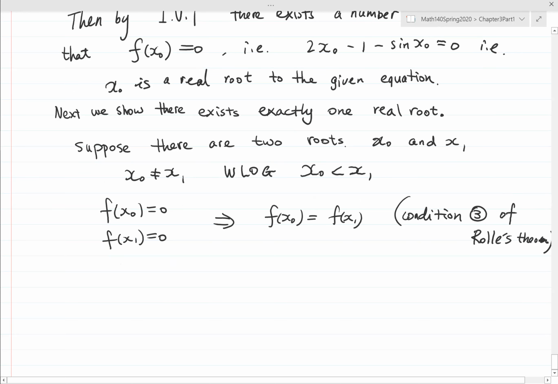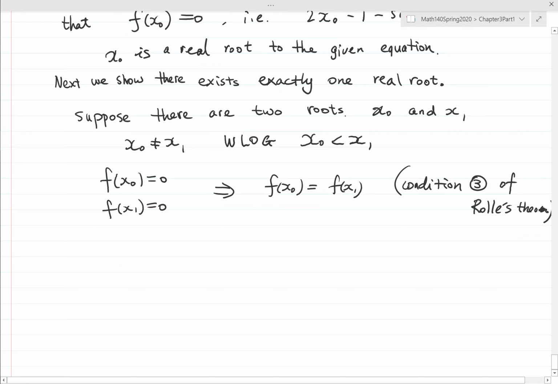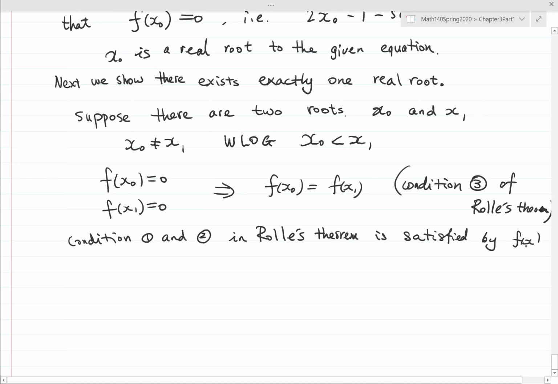Now conditions 1 and 2 are automatically satisfied. So conditions 1 and 2 in Rolle's theorem are satisfied by f(x), because we check it.